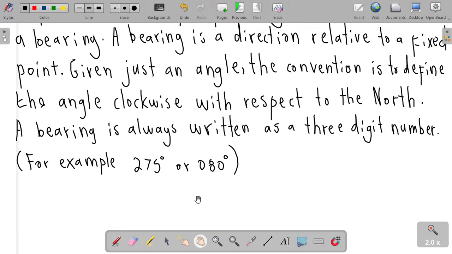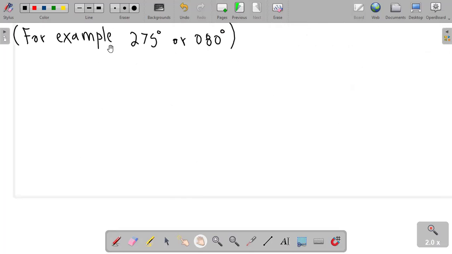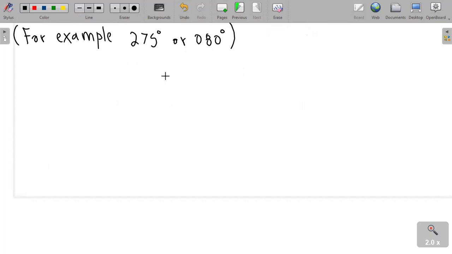Let's say we have a vector with a direction of 120 degrees.